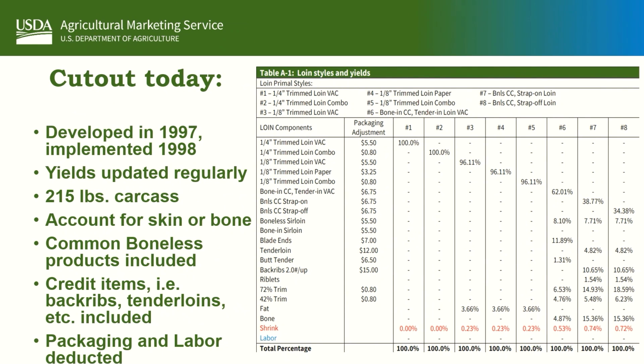Today, this is what I was telling you we kind of developed. The yields are updated regularly. We try to do them every year. Sometimes it doesn't happen, but we've been trying to do it pretty regularly. 215-pound carcass. Accounts for skin and bone.